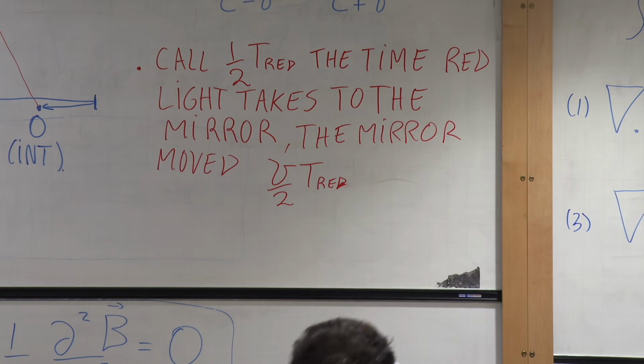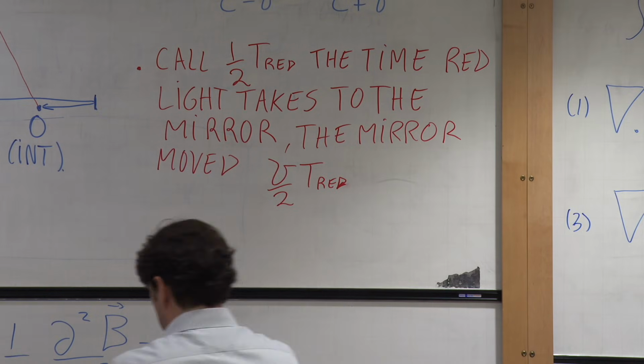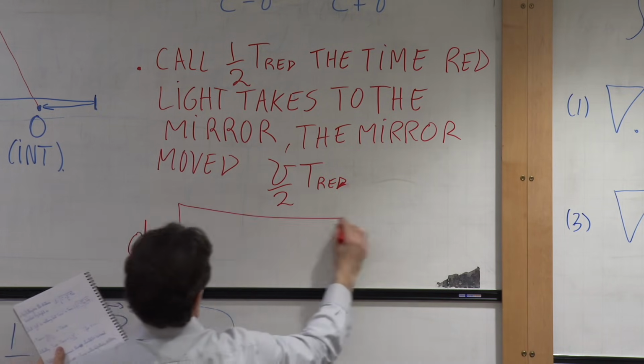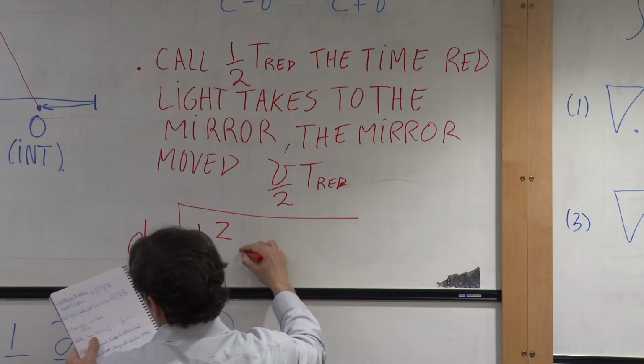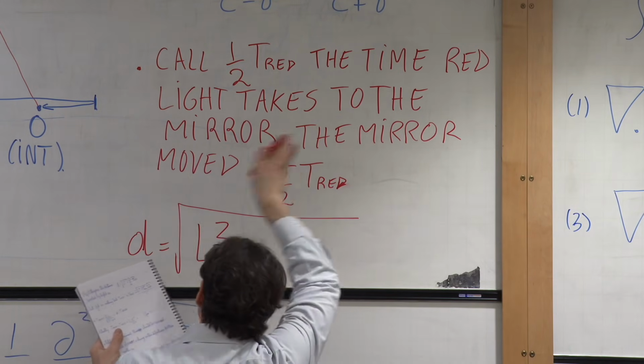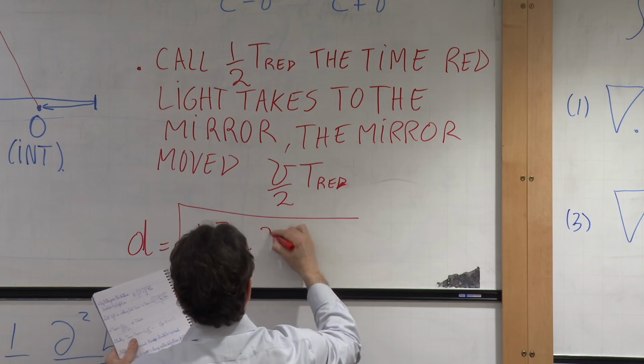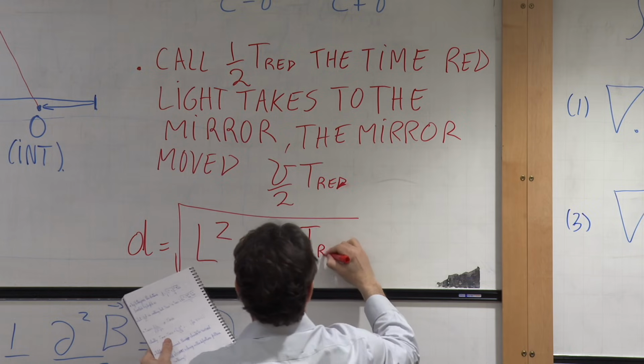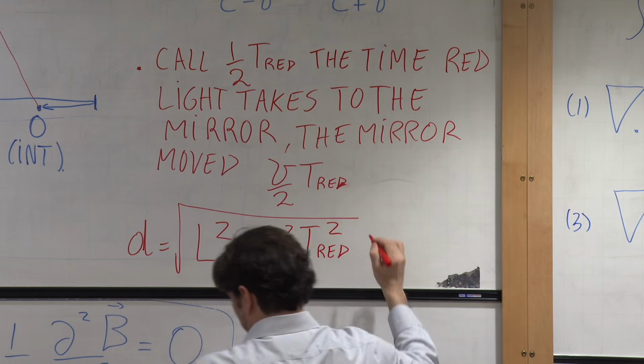Then, by Pythagoras, we just get the following equation. The distance traveled by light, d squared, is L squared, but we need to add the distance that the mirror has moved to the right, which is v squared T red squared over 4, okay?